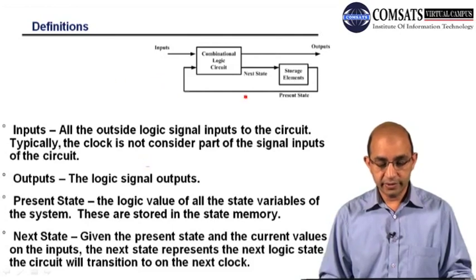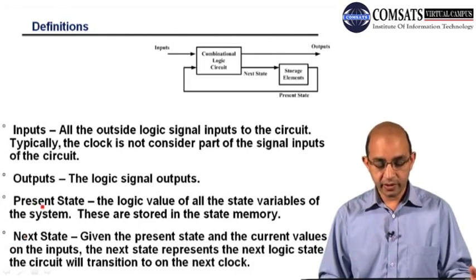This is only the signal that is used to control the operation. And then we have the output, obviously the logical signal outputs, then the present state, which is the logic value of all the state variables of the system. There can be a number of variables involved, so we have to take care of the present state of those different variables.